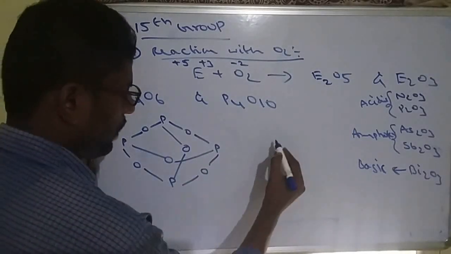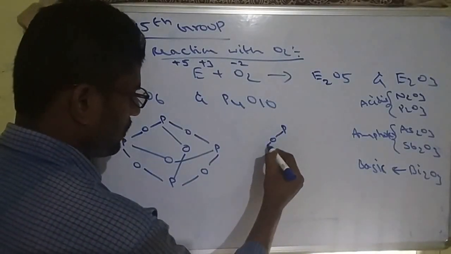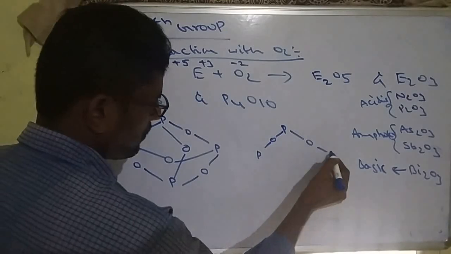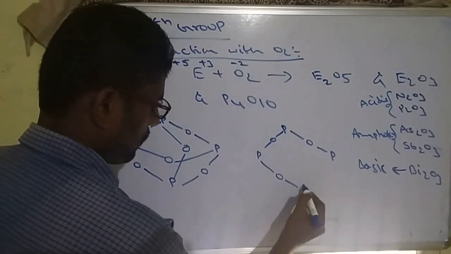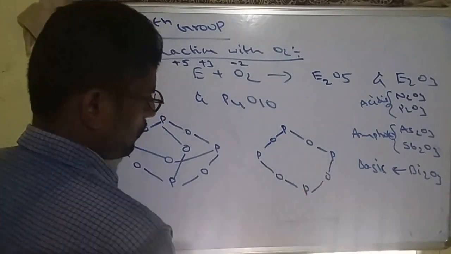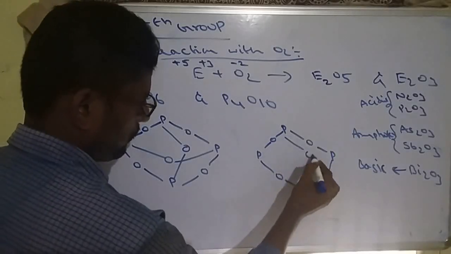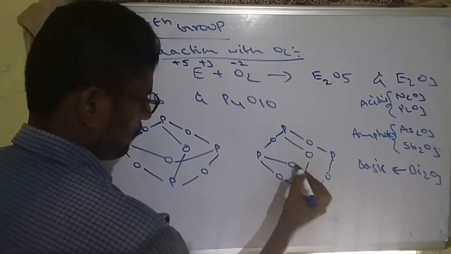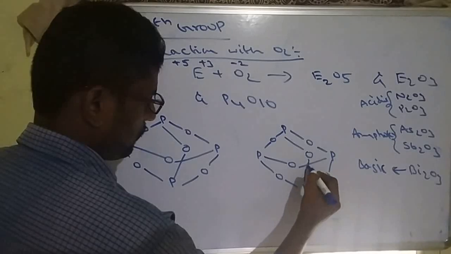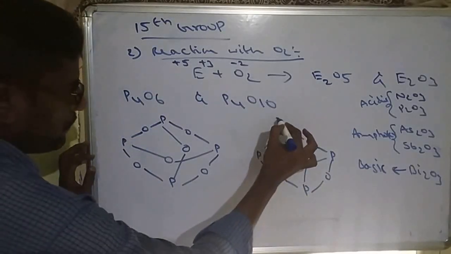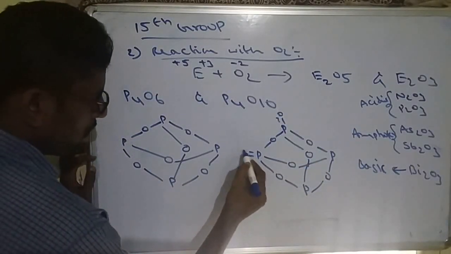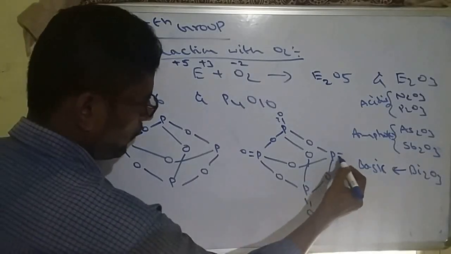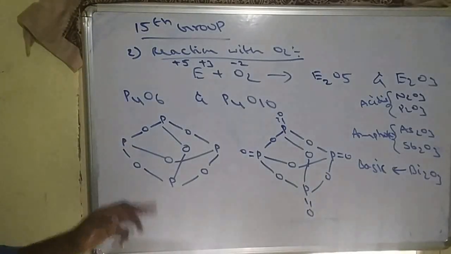Similarly, P4O10 is also a similar structure, only a small difference is there. Here, in each phosphorus a double-bonded oxygen is present. So this is the P4O10, and this is the P4O6.